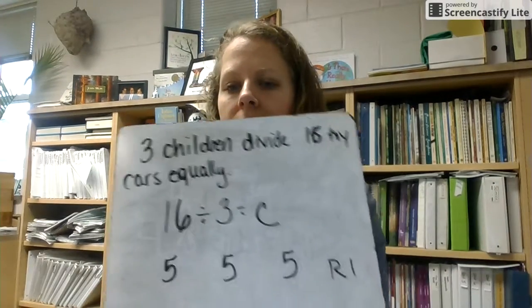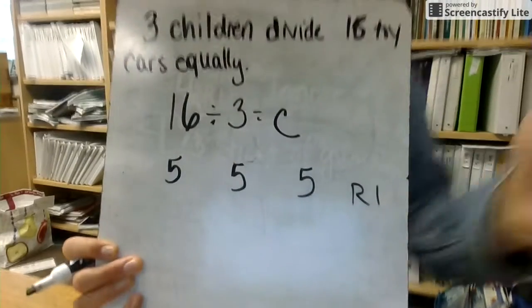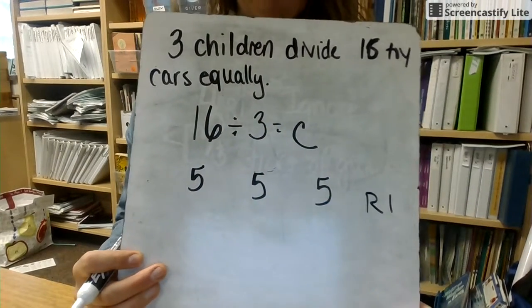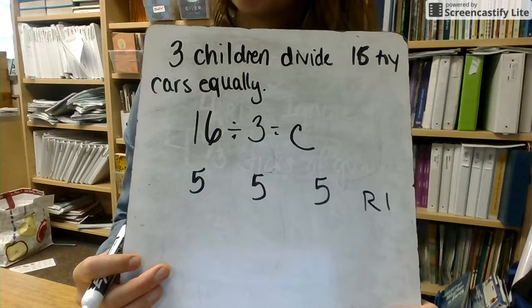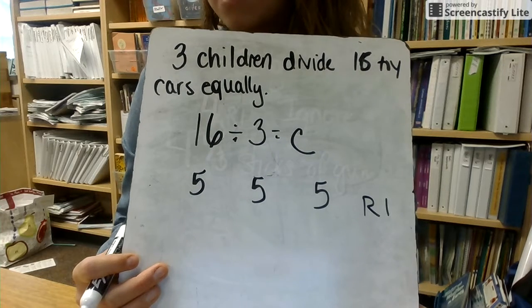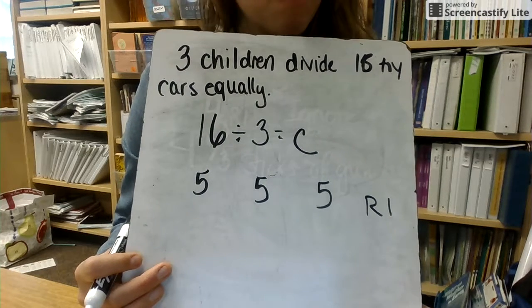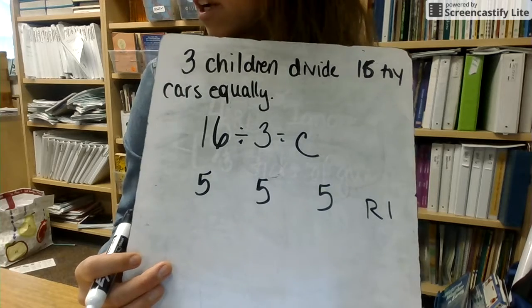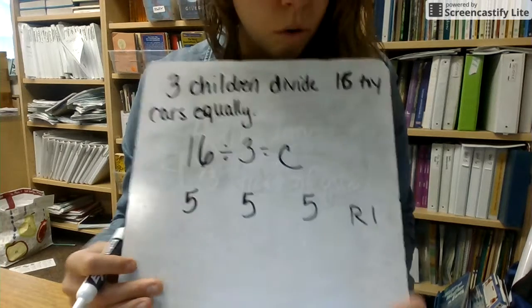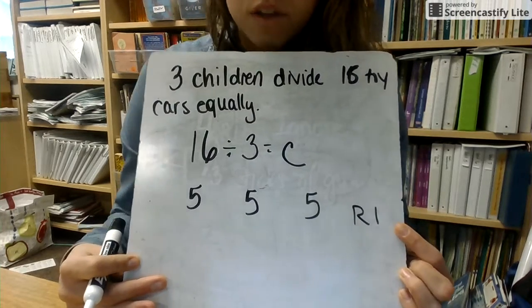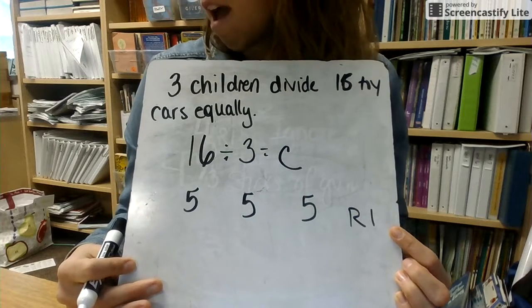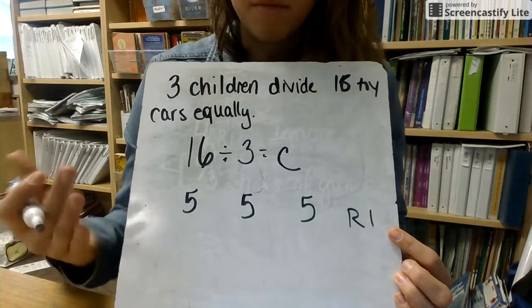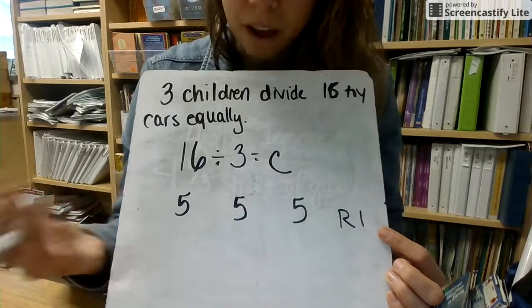Now in this case, unlike the gum, I'm not going to cut this car in half or in thirds. That makes 0 sense. What would you do with a third of a car? So what we're going to do here is we're actually going to ignore this remainder. So when the question asks what number of cars does each kid get, everyone gets 5 cars.